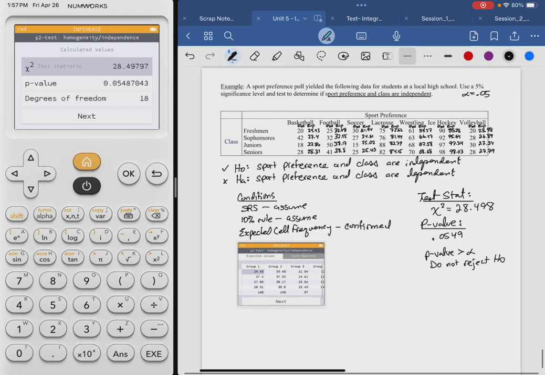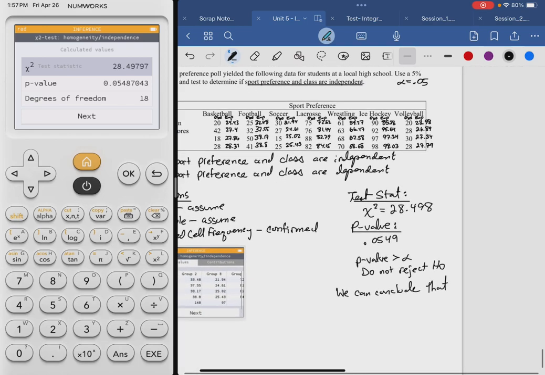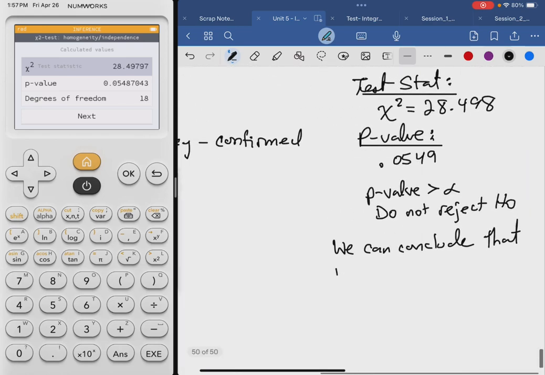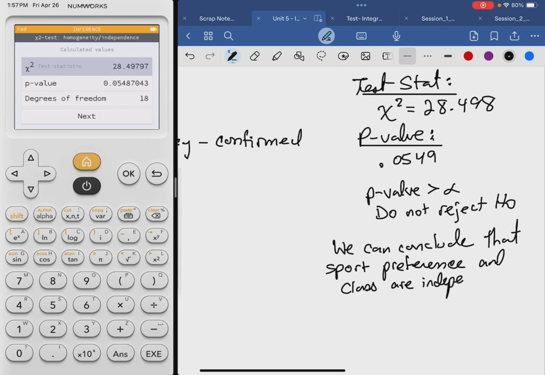We can conclude that sport preference and class are independent at the 0.05 level.